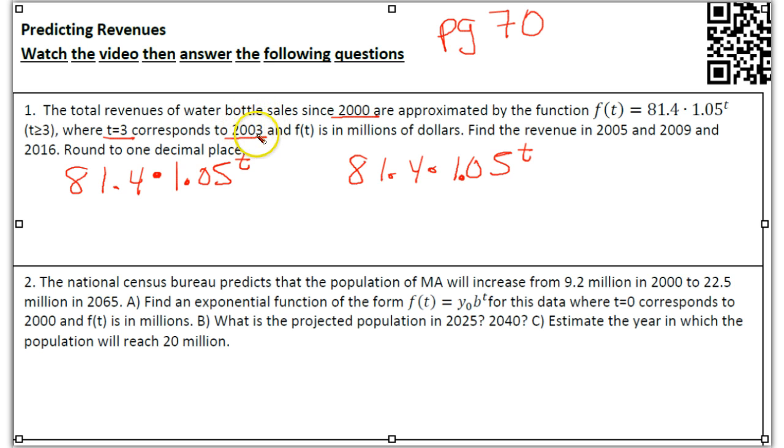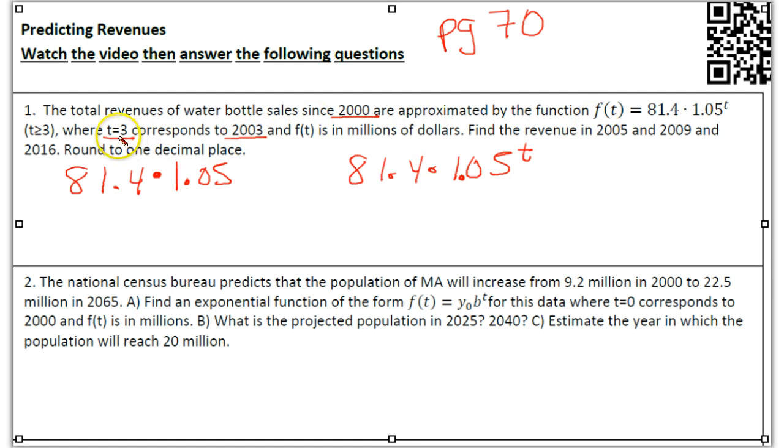Now, where t here will correspond to 2003. So t here is 2003, or 3. So they want you to find the revenues for 2005. So the question is, what will this t be here?